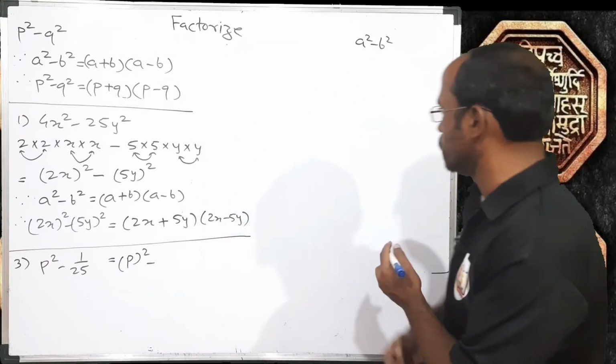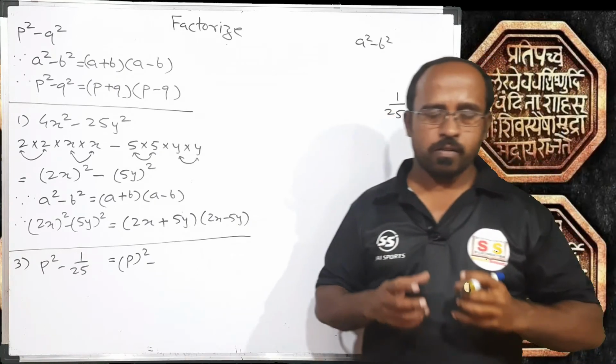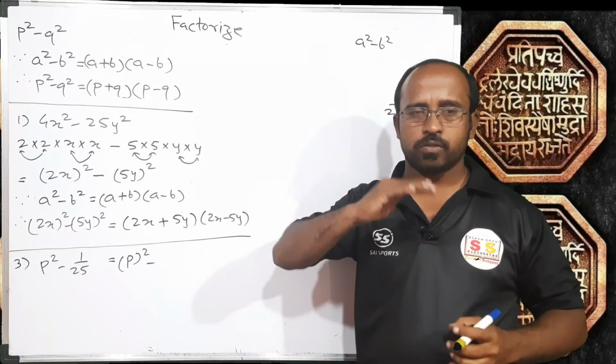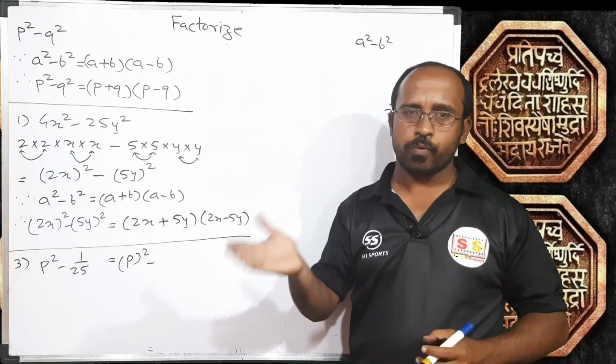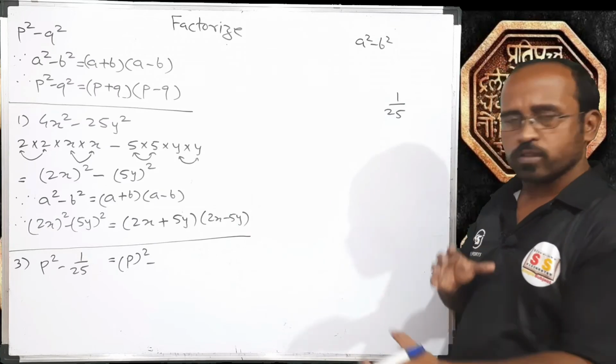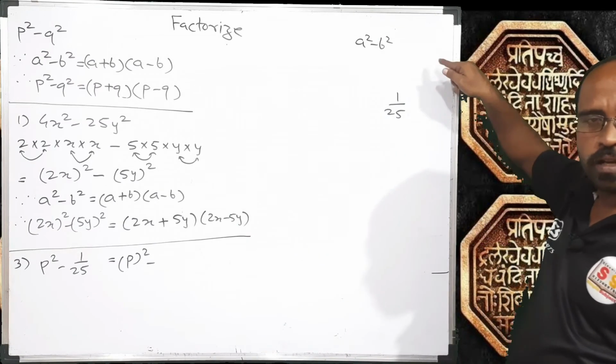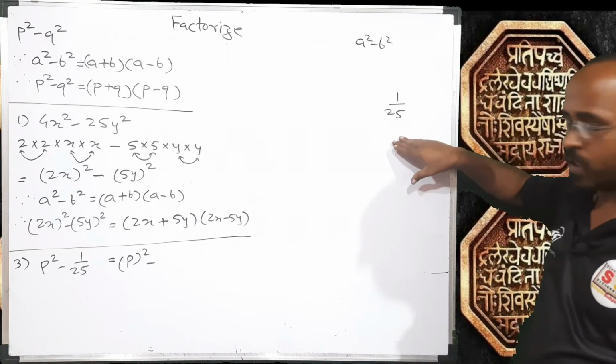1 upon 25 is a fraction. Whenever we have to square a fraction, we square its numerator and square its denominator, right? So similarly, whenever we have to find its square root, we have to find the square root of the numerator as well as the square root of the denominator separately.